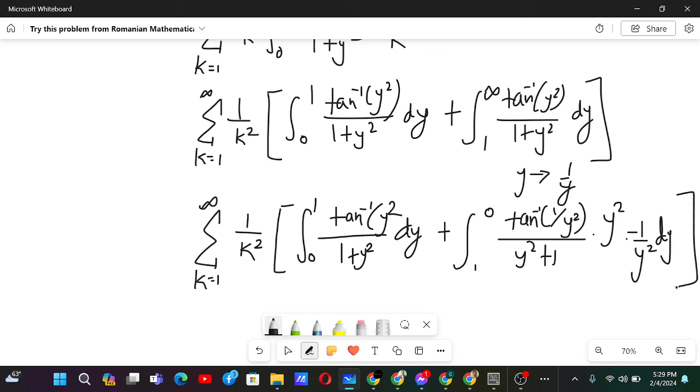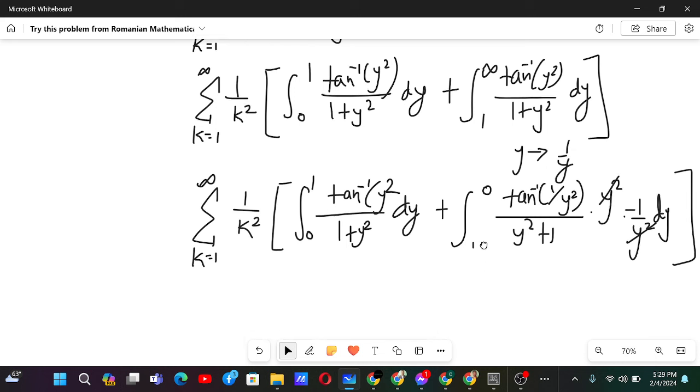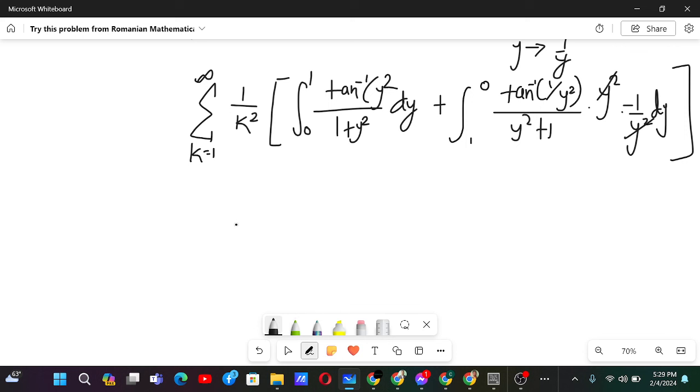Now y square cancels out, and we can use the negative sign to reflect the limits of the integral.